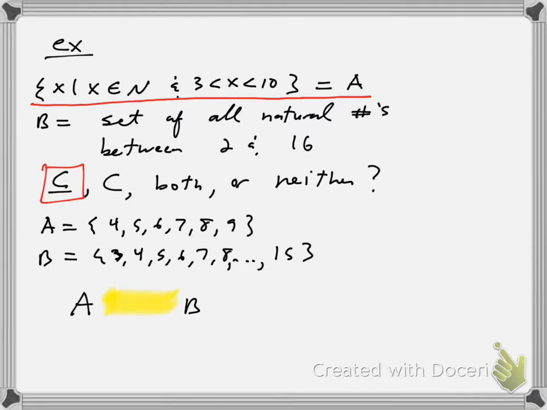Well, A certainly looks like it is contained in B, correct? So far I can use that one. Check. Now let's take a look at, is it a proper subset? Is it contained in but not equal to? It looks like it is contained in but not equal to. So checking this one, it looks like a check. So the answer again is both. Okay, you get the idea.